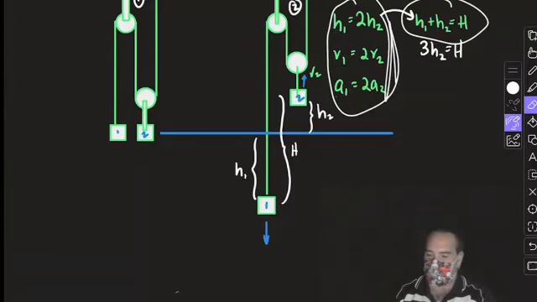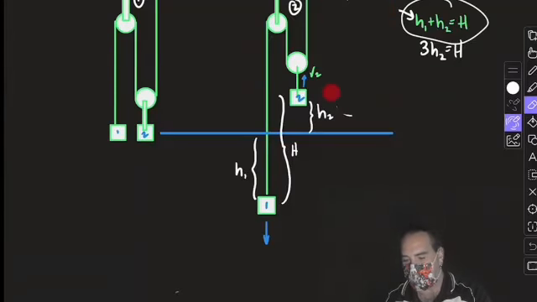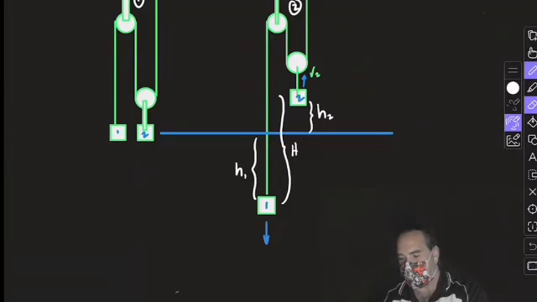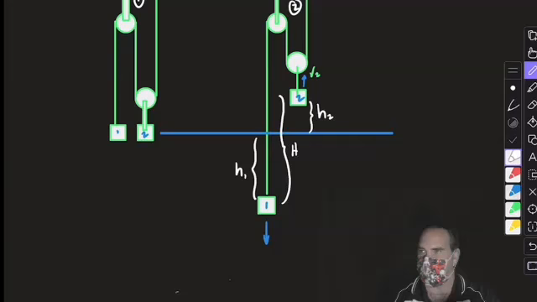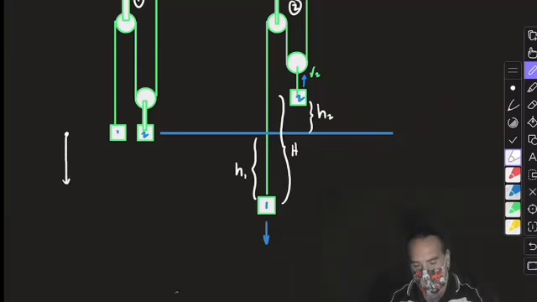So let's figure out why it occurs in this direction. And this will help all of you when I said you should be able to figure out how to deal with the tension in this problem. There is a downward force mg acting on the cable.